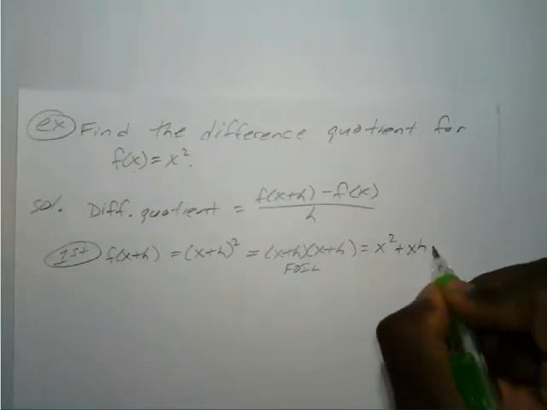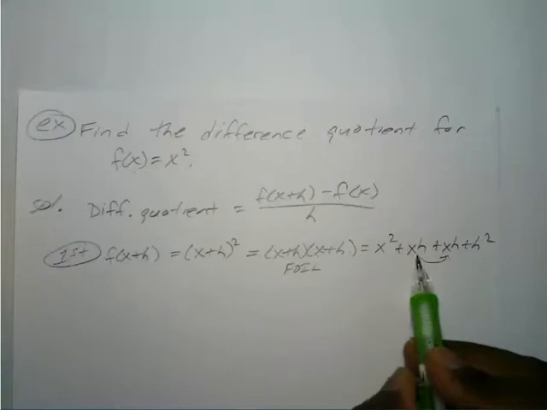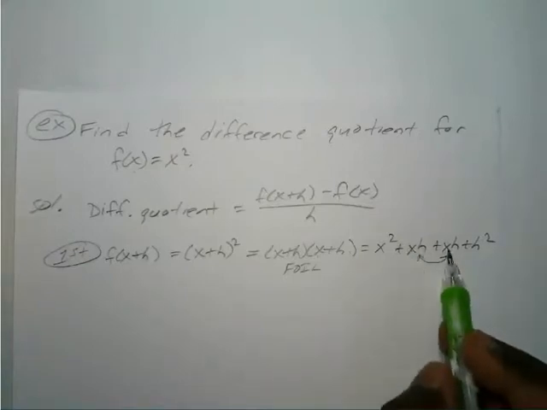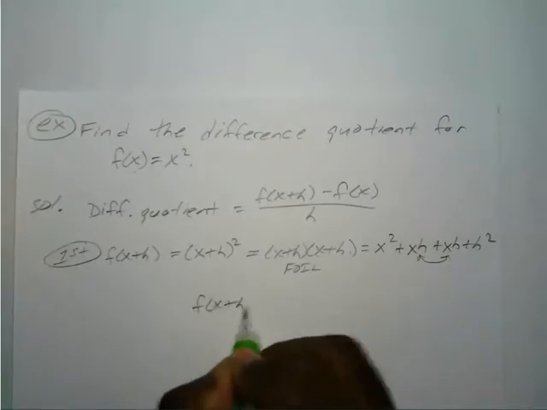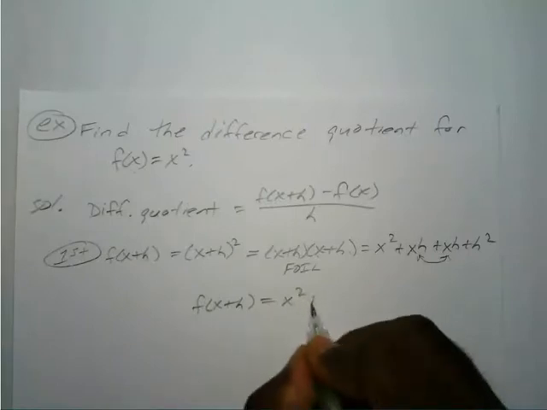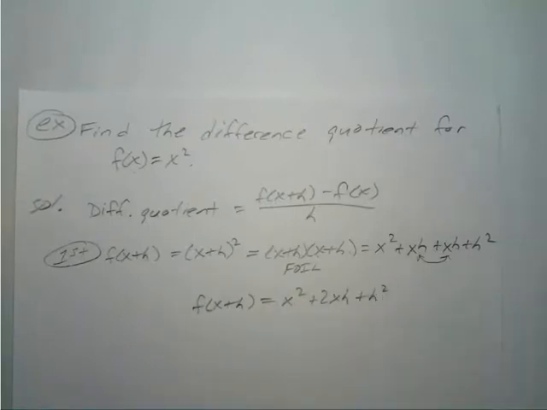Our first, outer, inner, last. If we combine those two terms, x times h plus x times h is 2xh. So our f of x plus h is going to equal x squared plus 2xh plus h squared.